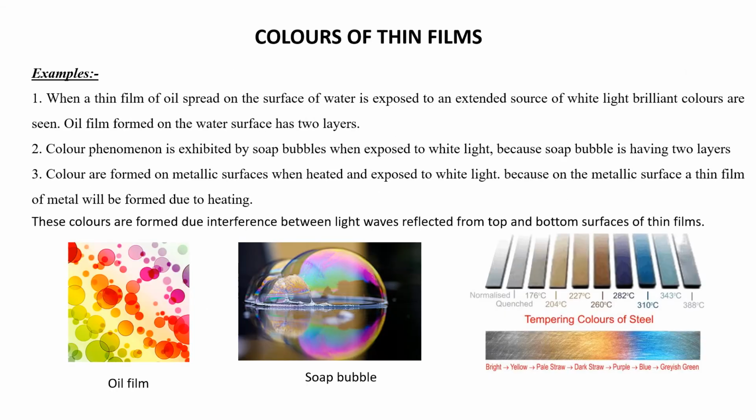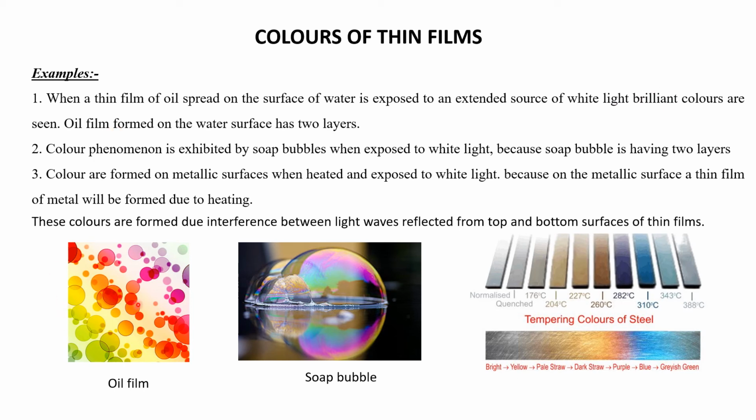Now coming to the examples. We see so many examples of colors in thin films. Most frequently we observe the oil film, soap film, and the films formed on metal surfaces. When a thin film of oil spread on the surface of water is exposed to an extended source of white light, brilliant colors are seen.